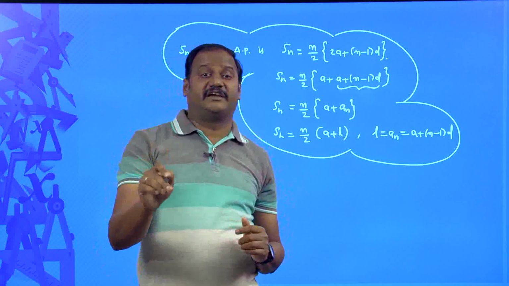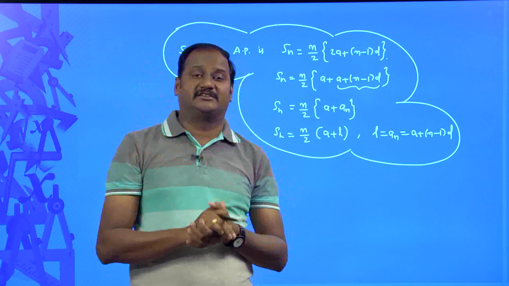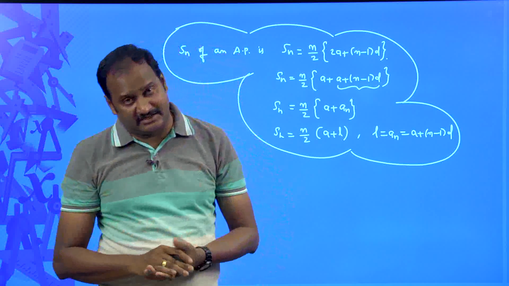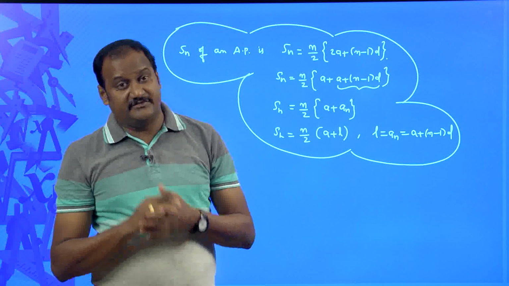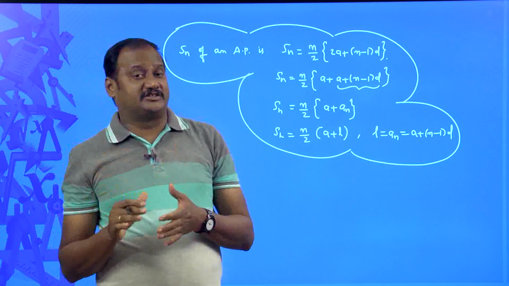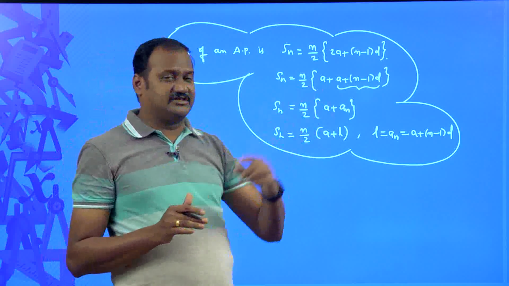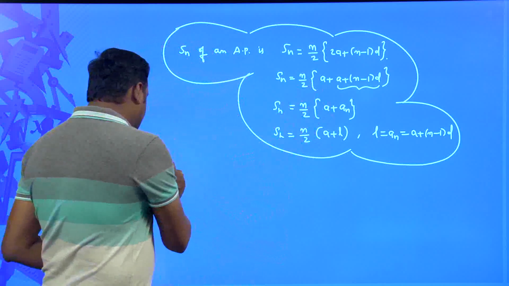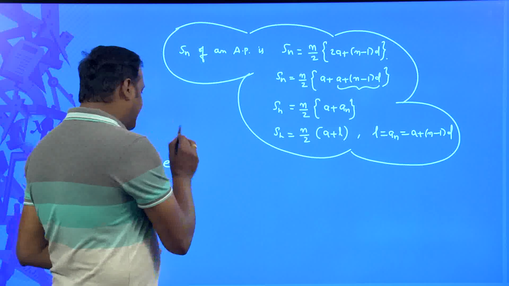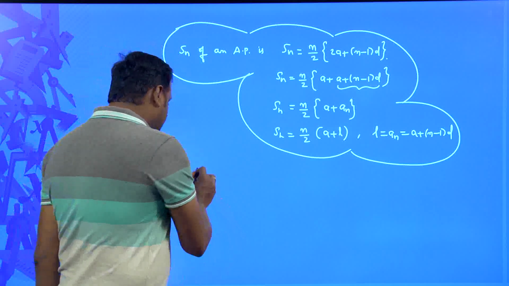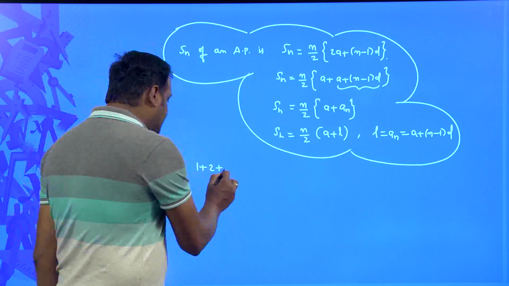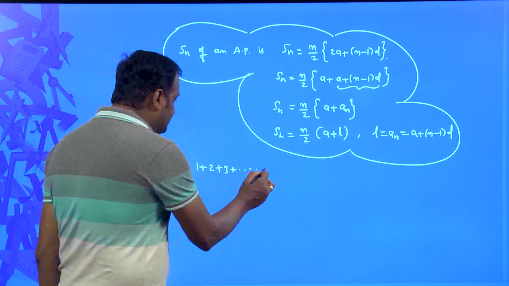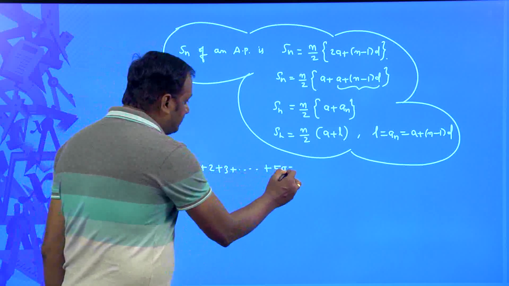First, you will have to check whether the natural numbers 1 to 50 form an arithmetic progression or not. If they can form an arithmetic progression, then definitely you can use this formula. For example, the sum of the first 50 natural numbers: 1 plus 2 plus 3 plus so on plus 50 is equal to how much?